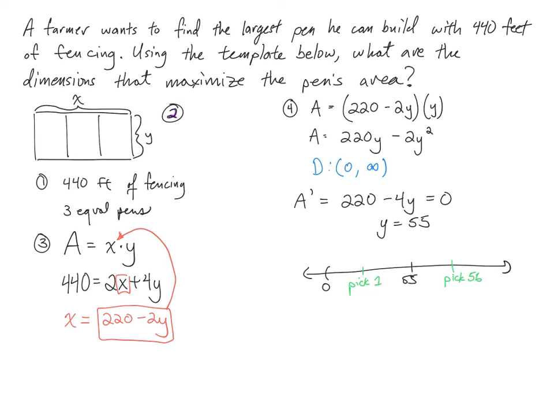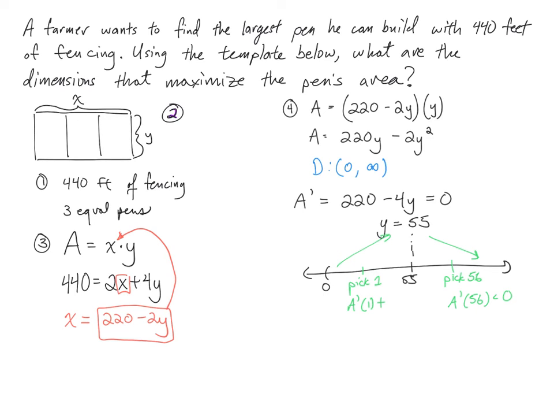56. So if you pick 1, A prime of 1 would be a positive value, which means it would be increasing here. A prime of 56 would be a negative value, which means it would be decreasing here, which means we have a relative maximum at y equals 55.